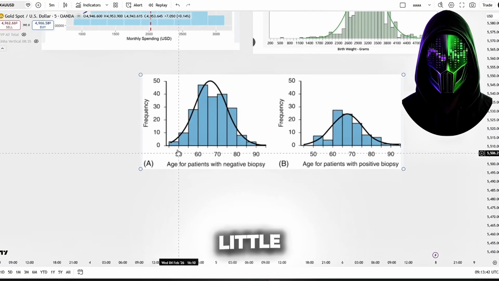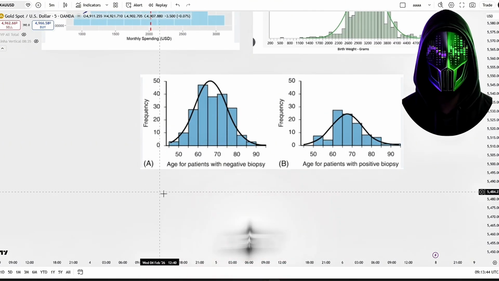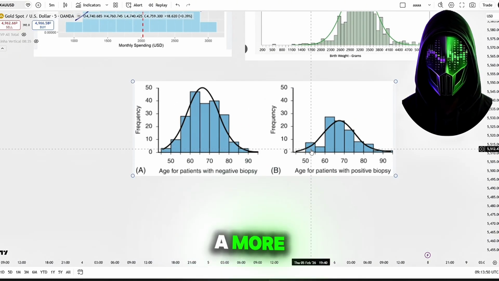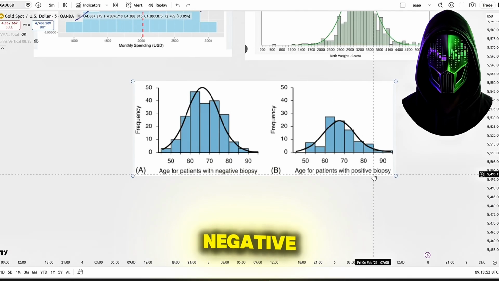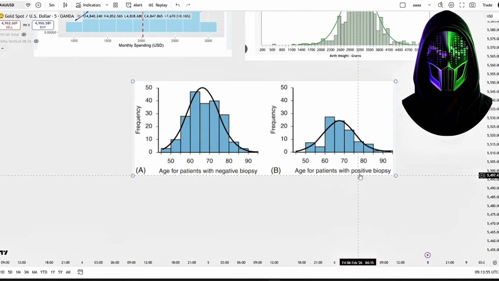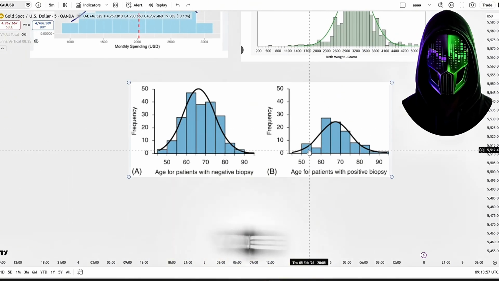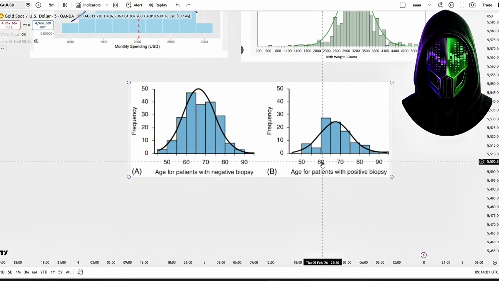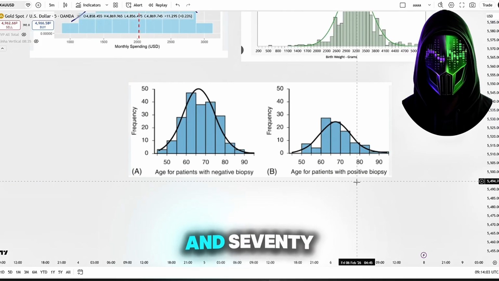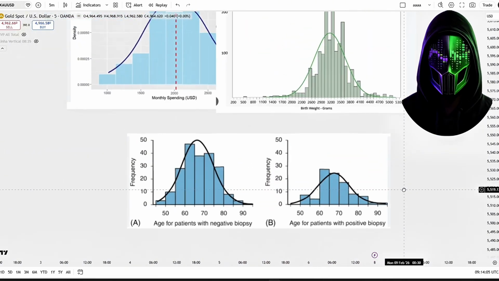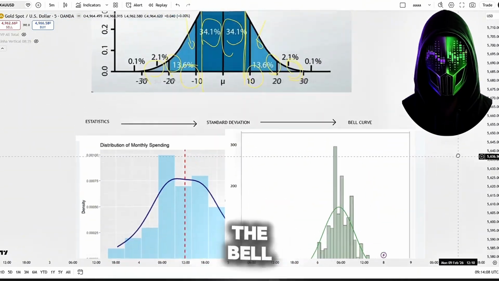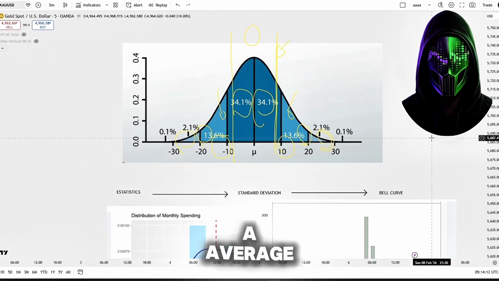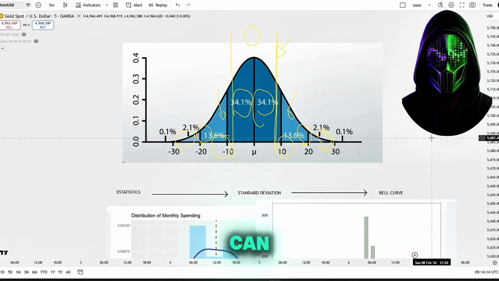You have a few people around 50 and 90, and here we have an increase. No, sorry, this is the negative biopsy, and this is the positive biopsy, and you see most positive biopsies come here, between 60 and 70. So the standard deviation and the bell curve is the average measure that we can have.